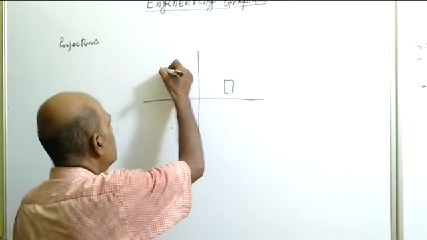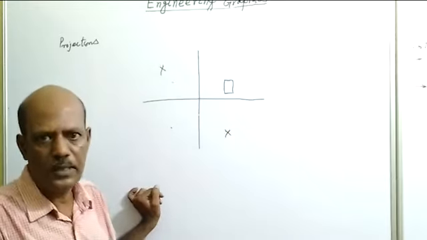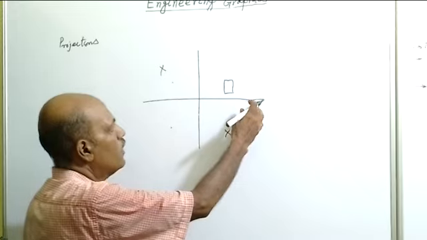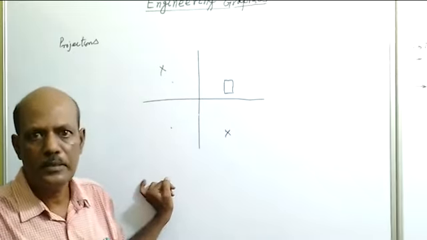But the second quadrant and fourth quadrant are not used for drawing projections because the different views will overlap with each other.